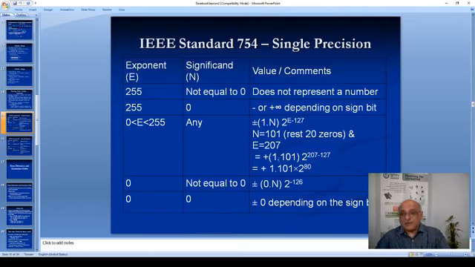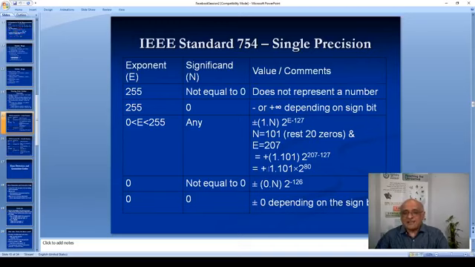So it is 1.101 multiplied by 2 to the power 207, and what we have to remove from it is the bias. So the bias is to be removed, and what we will get? Plus 1.101 into 2 to the power 80.